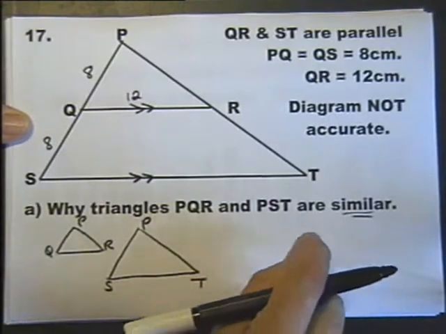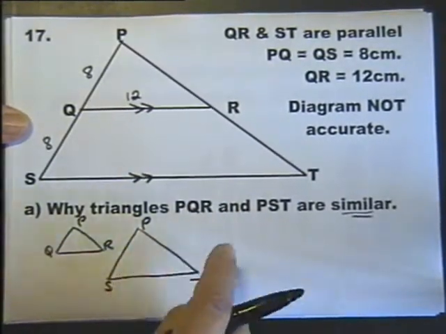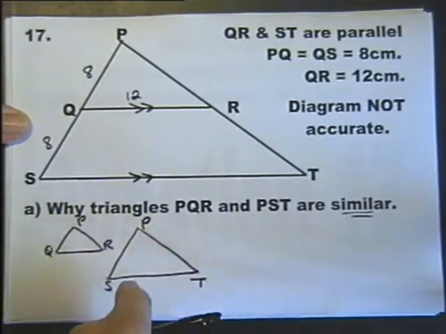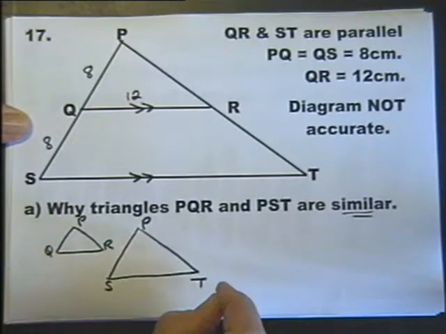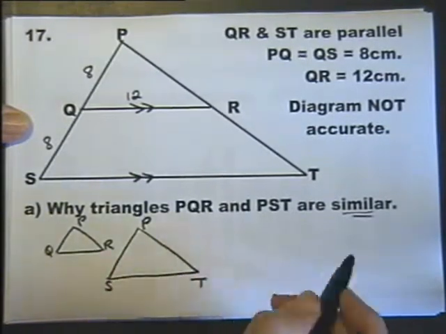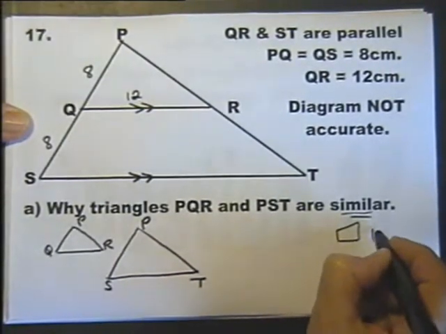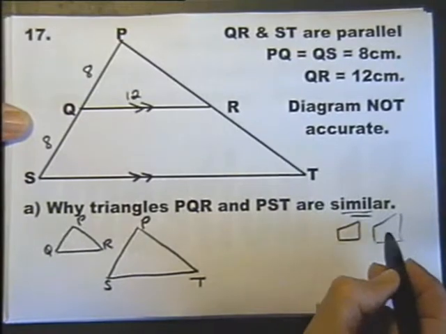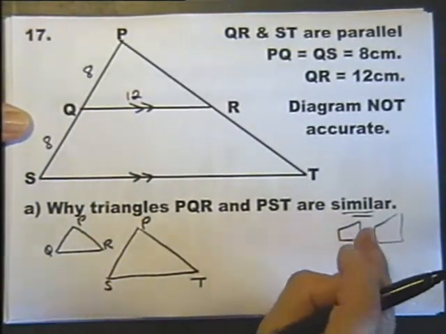If it's triangles you're talking about, to be similar you have to either prove the angles are the same or the sides are in ratio, because you can't have one without the other. Whereas with shapes that aren't triangles, say quadrilaterals, you'd have to prove both that the angles are the same and the sides are in ratio.